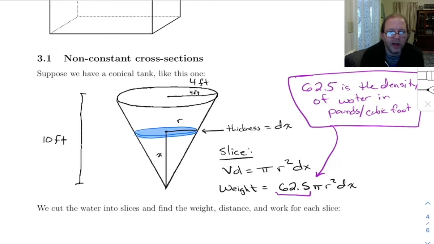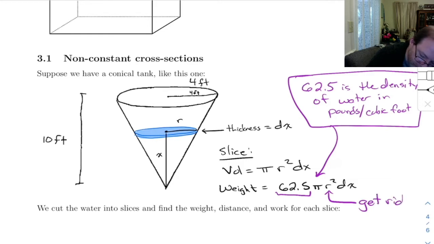The problem is we've got an r in there and we've got an x. So let's replace this r with something involving x. The way we'll do that is by looking at some similar triangles.